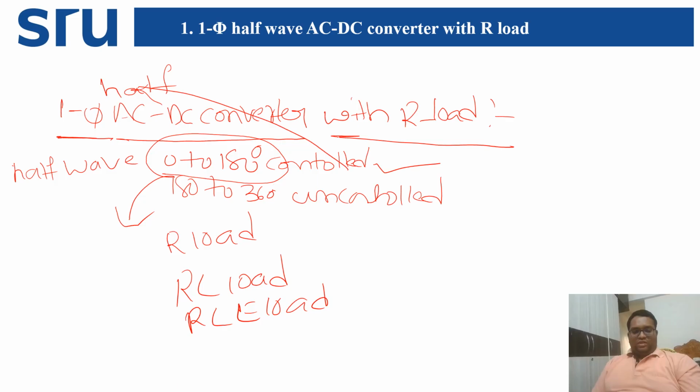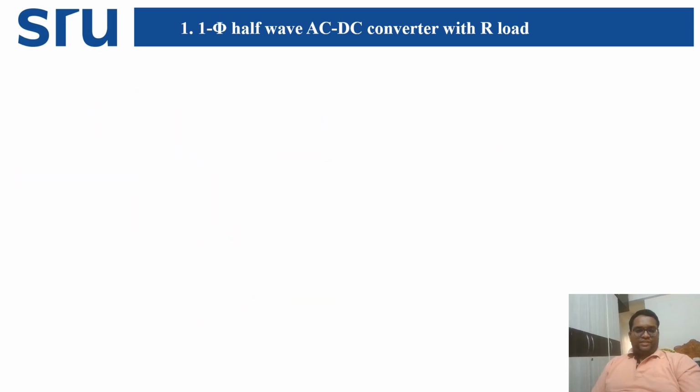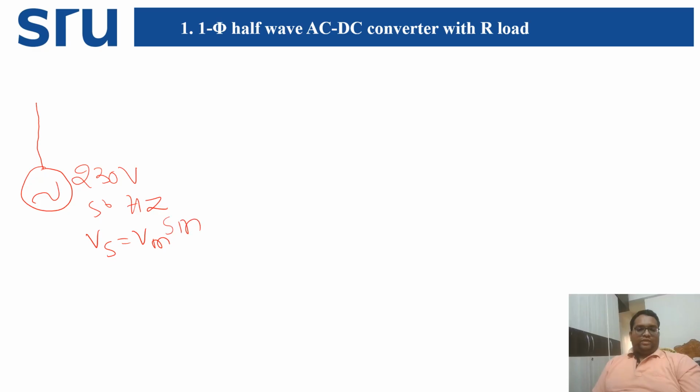Now, if you refer to the structure, first we take an AC source, that is 230 volts, 50 Hz. Vs is equal to Vm sine omega t. This is the basic circuit which I am going to draw here.